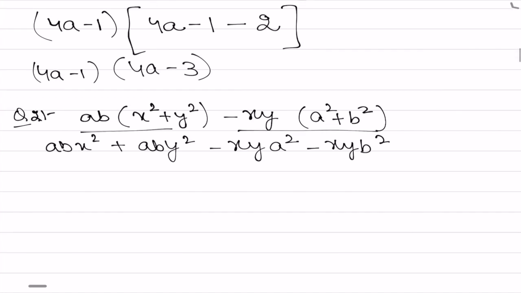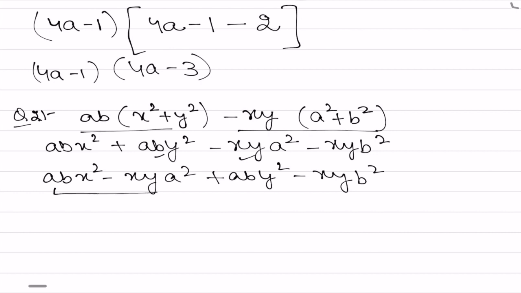I am bringing the first and the third term together and the second and the last term together. After that, I will see what is common in the first two terms and the last two terms. In the first two terms what is common? a and x. So what is left in the bracket? bx minus ay. Similarly, in the last two terms, what is common?